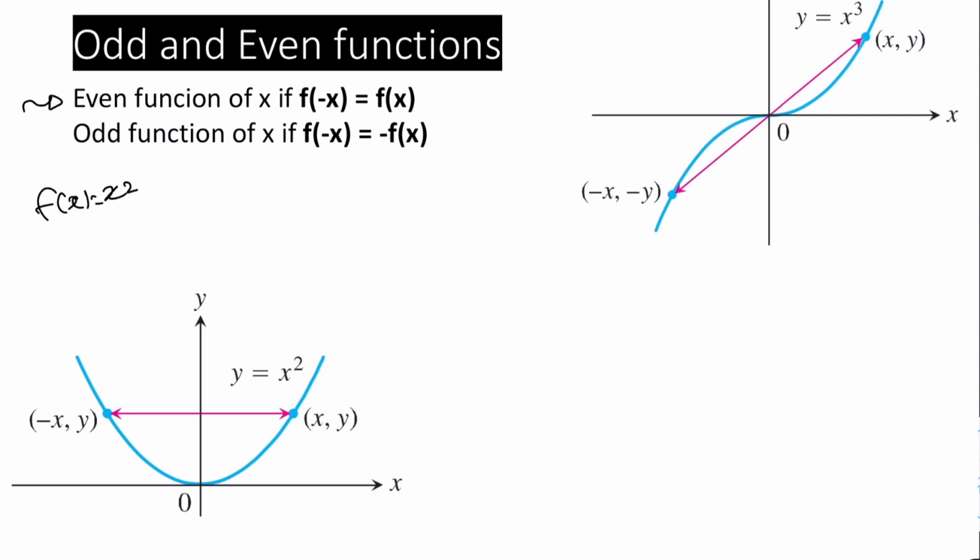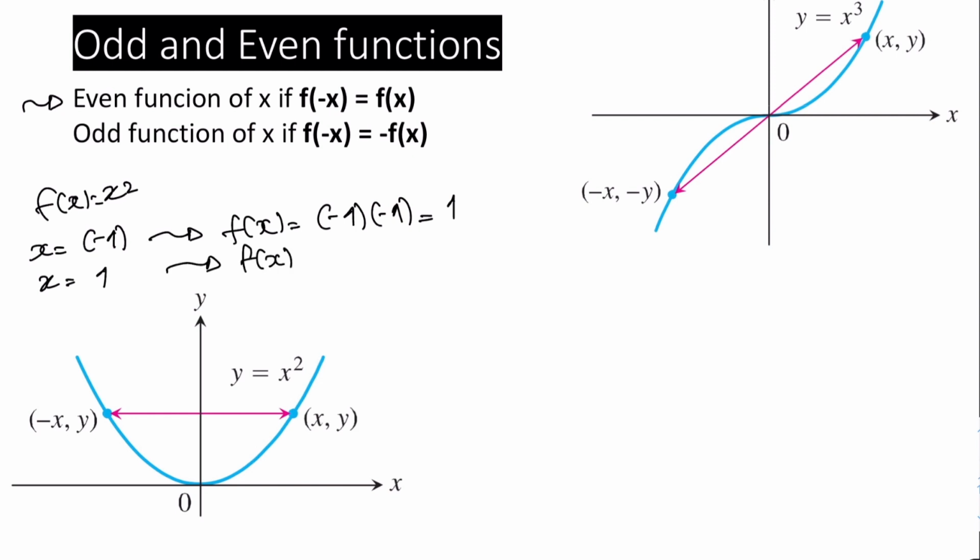If I replace x with minus 1, f of x is minus 1 times minus 1, which equals 1. If x equals 1, then f of x is 1 times 1, which equals 1. So we can conclude that f of minus x is equal to f of x.